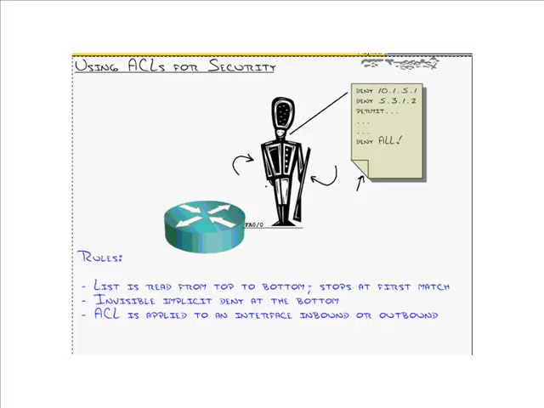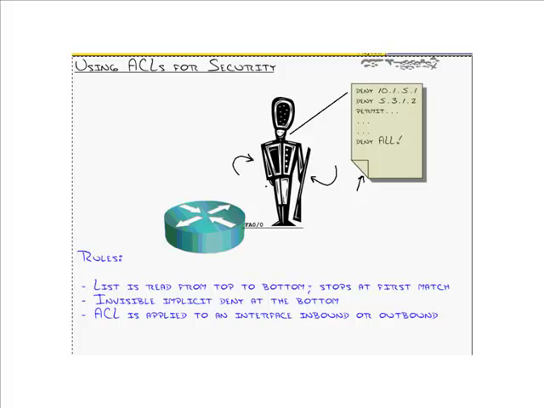Yes, there are other filters that can be done at other layers of the OSI model, but right now we're at layer 3 and 4. We're looking at TCP port and IP address. That's what we're filtering now. So when a packet comes in, the sentry says, let me see the header information, and it compares that to the access control list.